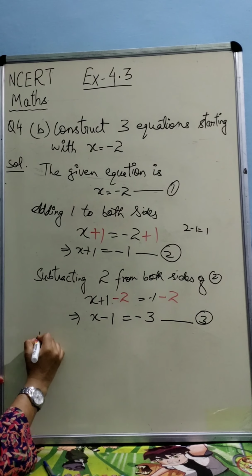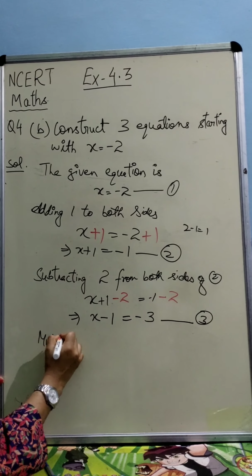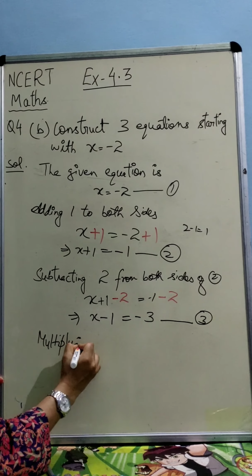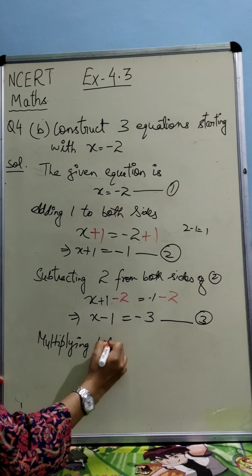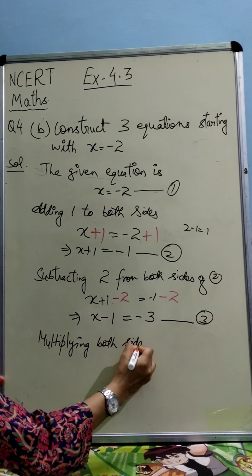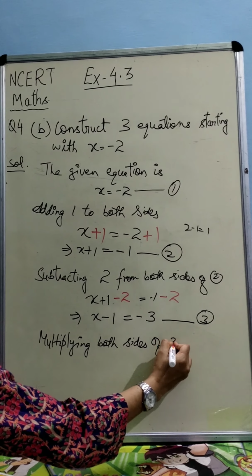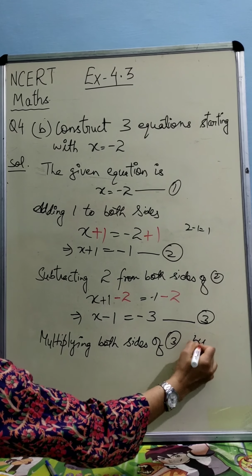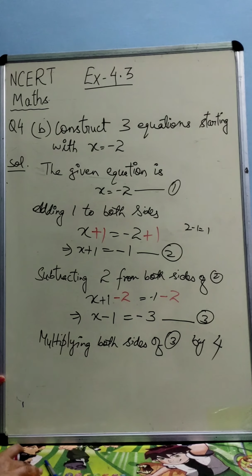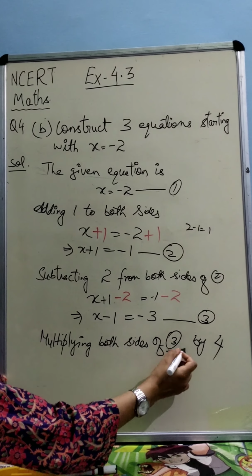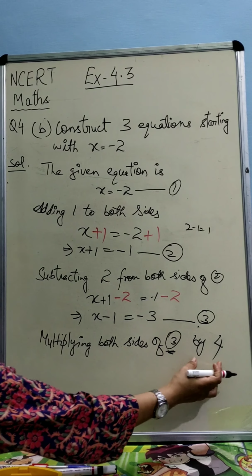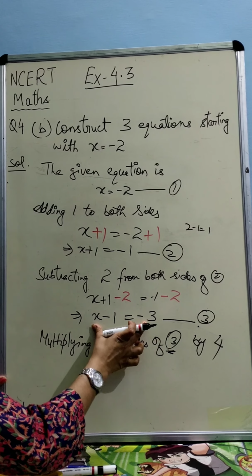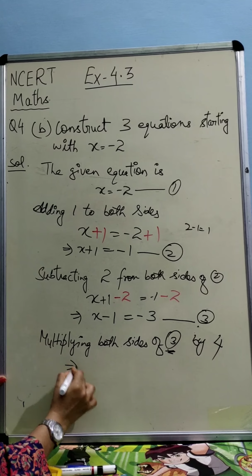Now what we can do is multiply both sides of 3 by, suppose, 4. This makes this equation number 3. And we have to multiply this by 4 on both the sides.